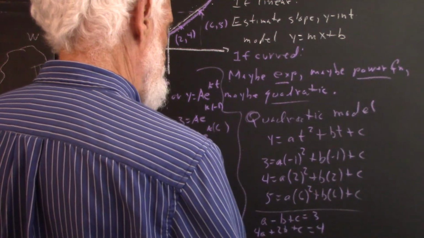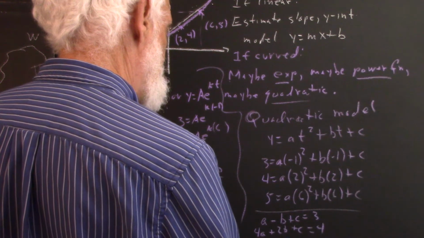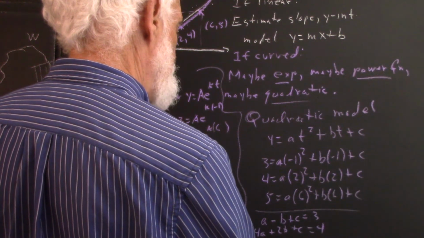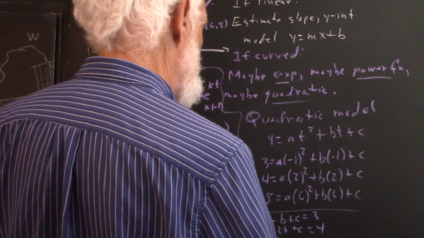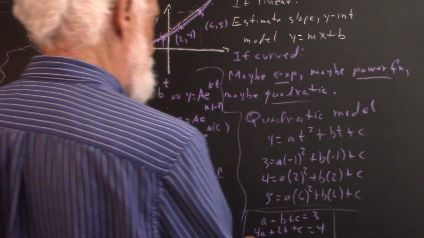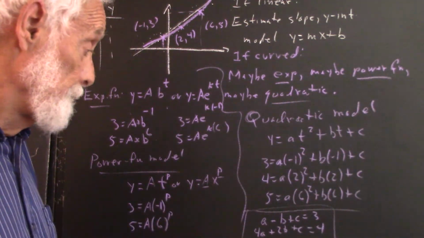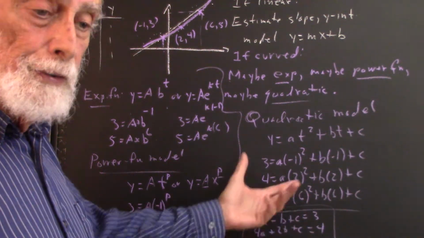And here it's a times 6 squared, that would be 36a plus 6b plus c equals 5. Well, those equations would not be particularly difficult to solve. I would recommend starting by eliminating c.